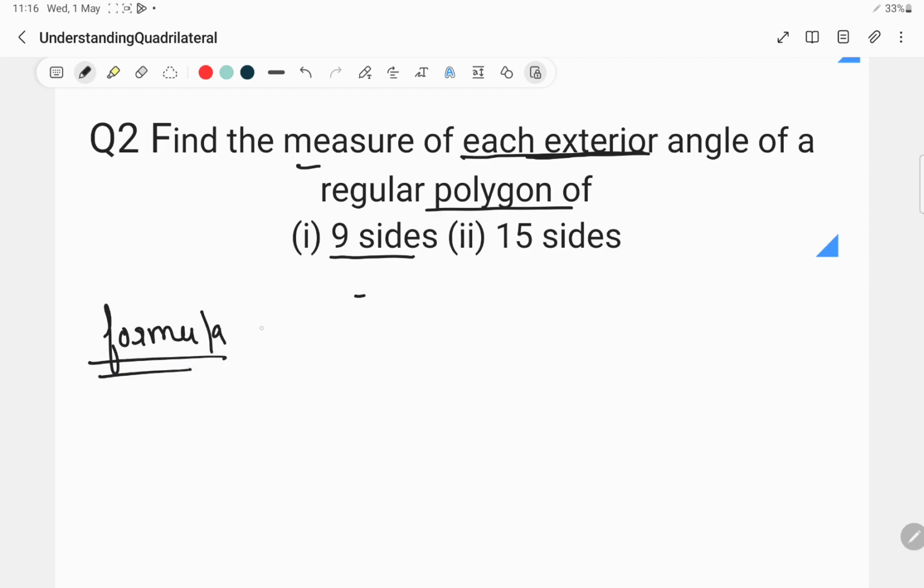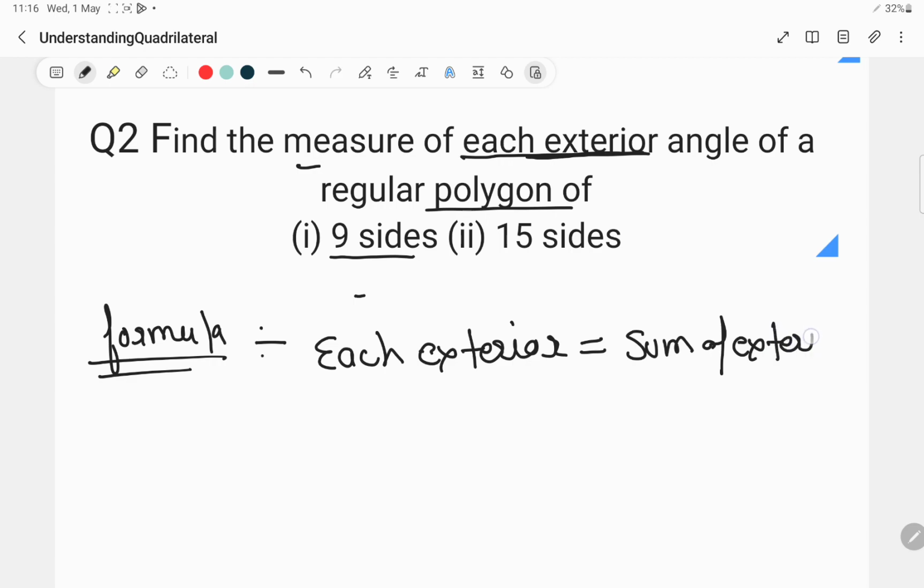The formula for solving this question is: each exterior angle is equal to the sum of exterior angles upon the number of angles.